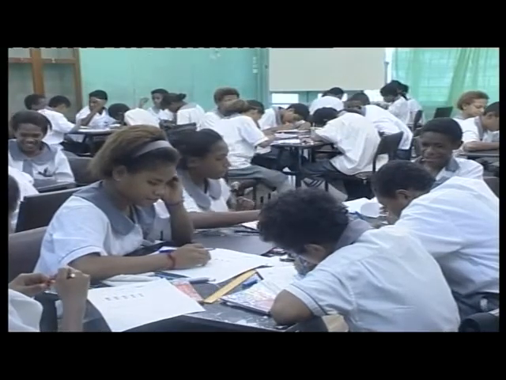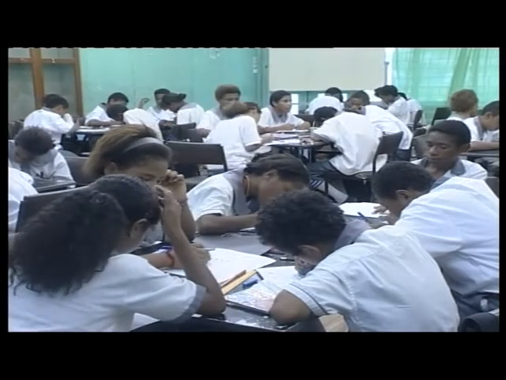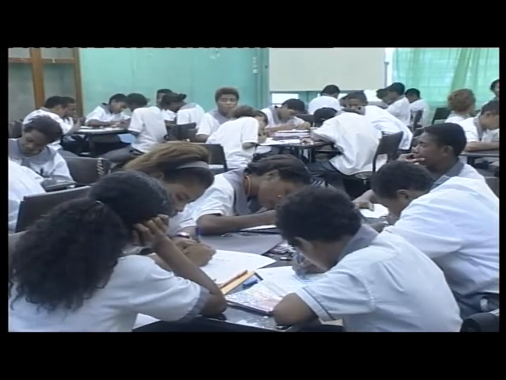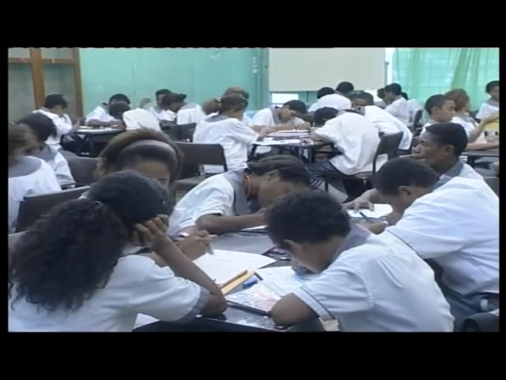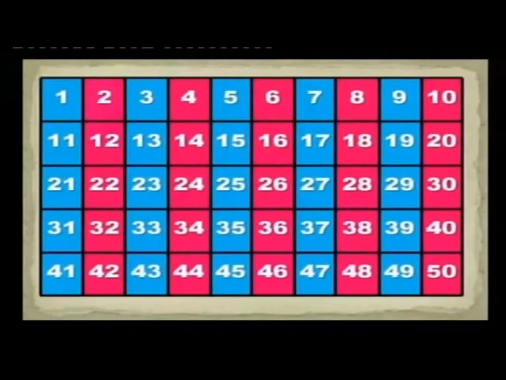We'll correct our exercise now, but your teachers can correct your work later on. Once you have your table, numbers 1 up to 50, you color the odd numbers blue and the even numbers red. So you should have something like this.